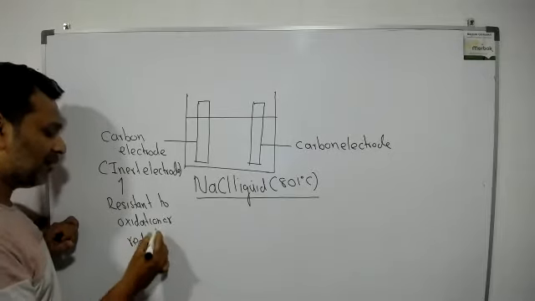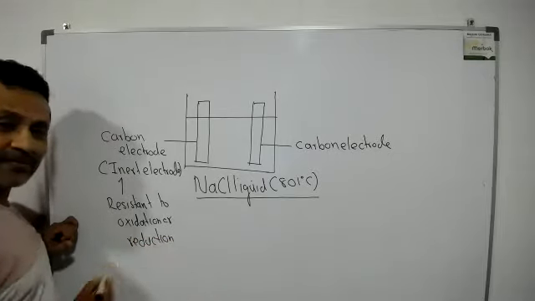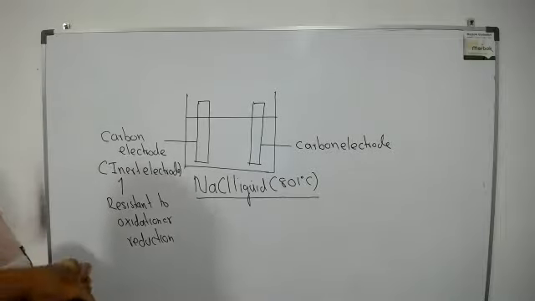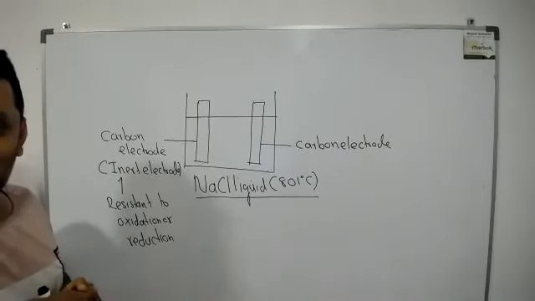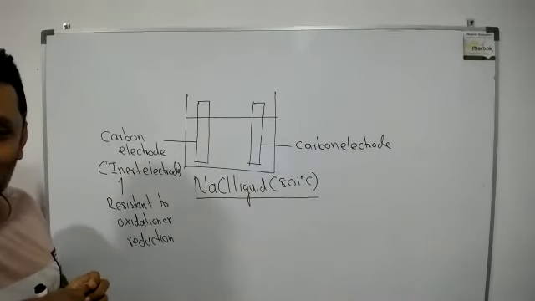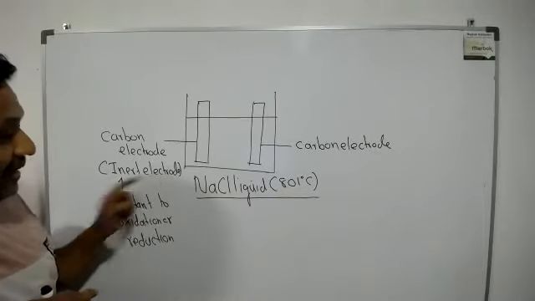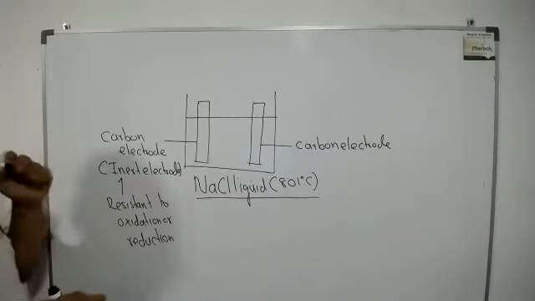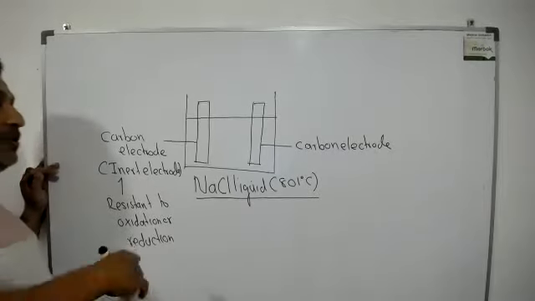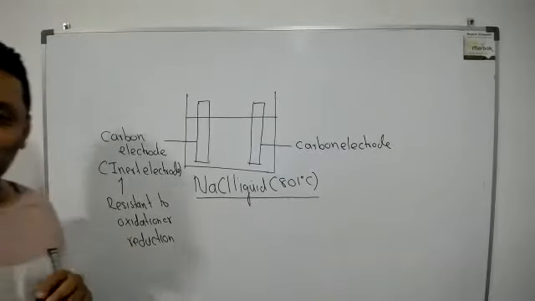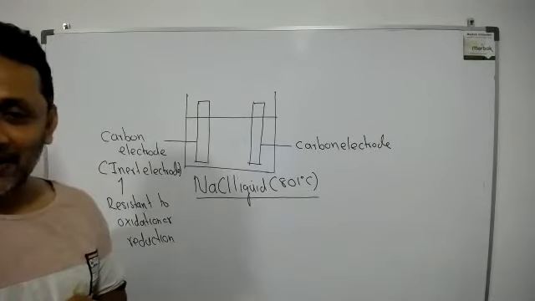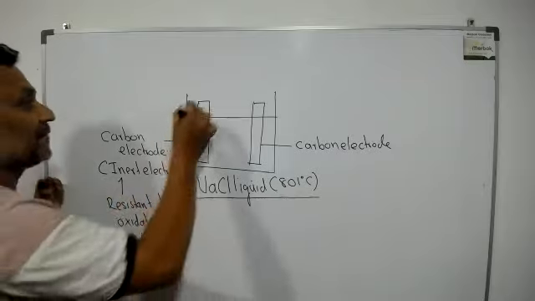Carbon will not undergo oxidation or what? Reduction. So it is called inert electrode. Platinum electrode is also an inert electrode.